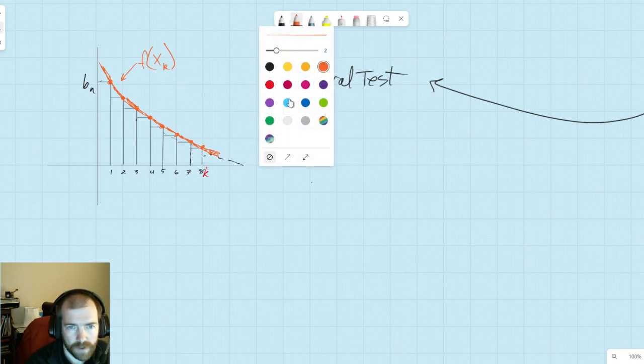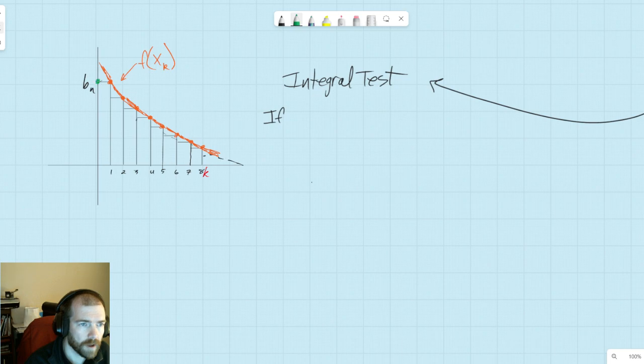And then also, we're going to have green. This function here, just like we talked about with Riemann sums.